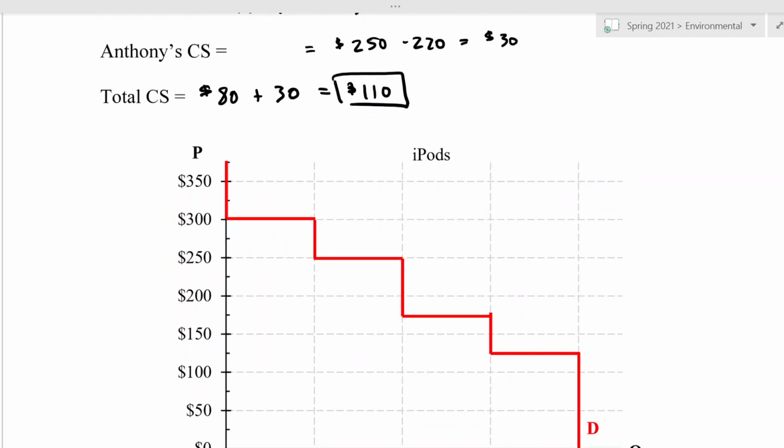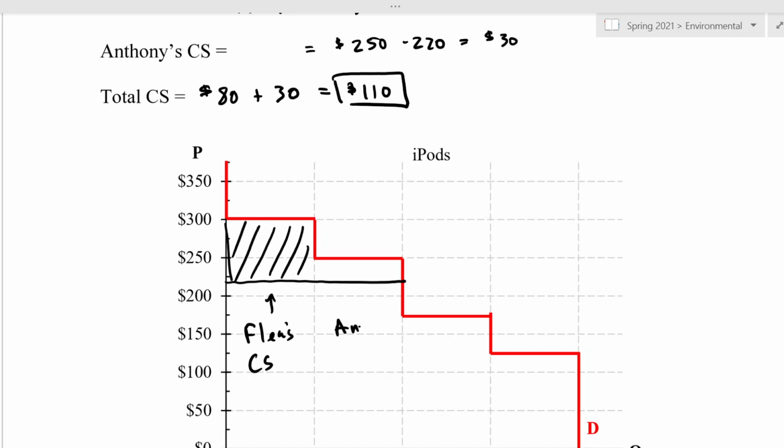And we can represent that as well. The price is 220, that should be a little bit around there. Now, same thing, this bigger box here is Flea's consumer surplus, and this smaller box here is going to be Anthony's consumer surplus.